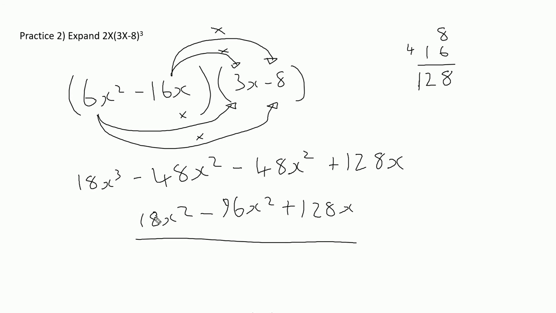So this is the solution to these 2 brackets, but we're not quite done yet, because there was one more bracket left, the final 3x minus 8. So if I just rewrite this at the top now for clarity, 18x cubed, minus 96x squared plus 128x, all multiplied by 3x minus 8.